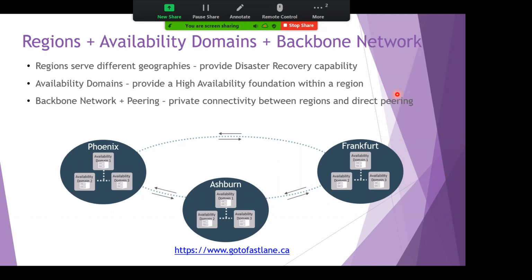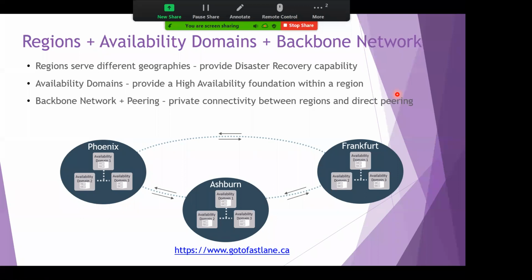The next concept that's important for us to understand is availability domain, okay? An availability domain, as you see over here, is essentially a data center within a given region. What you see over here is that Phoenix, Ashburn, and Frankfurt are three regions which have multiple availability domains in them, okay?